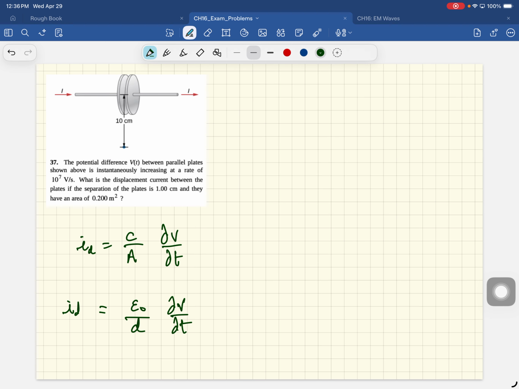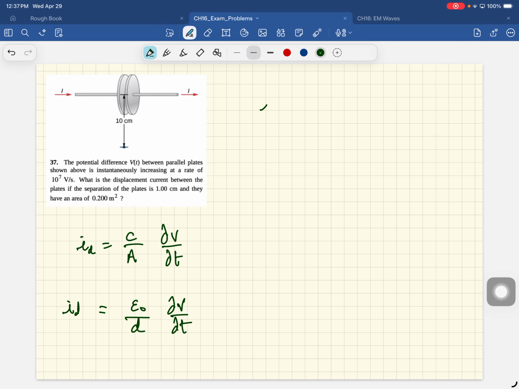And they tell you the separation of the plates is 1 centimeter, and the area of the plate is given, okay, so we don't even need the area of the plate.